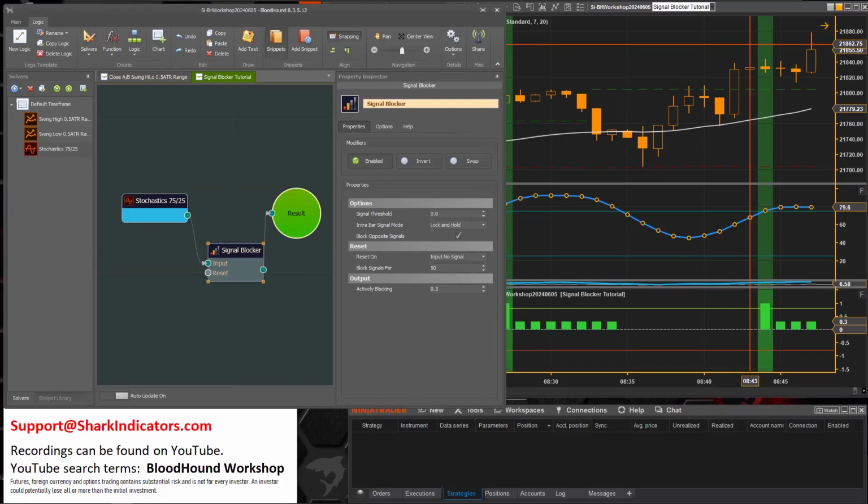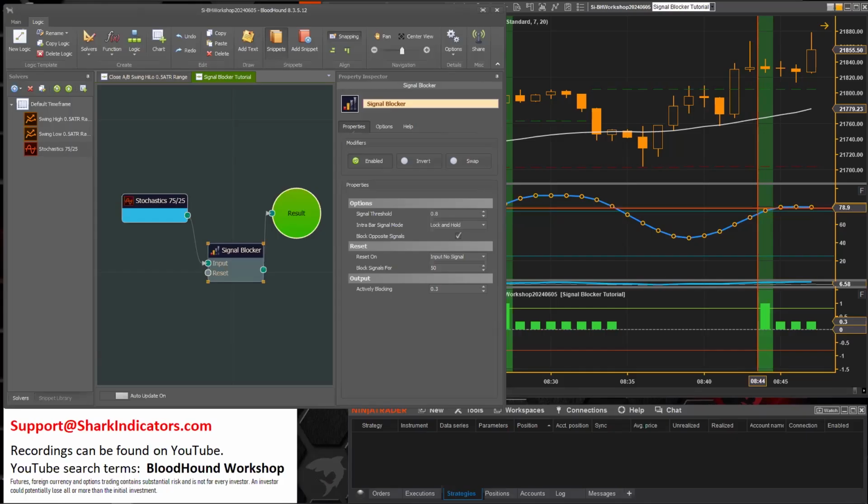So this is a good example where you might actually see a signal. As you're letting your system run on live data, you might have gotten a long signal here, but then when the bar closed, you can see the stochastic down here, and you might be wondering, why was there a long signal here?